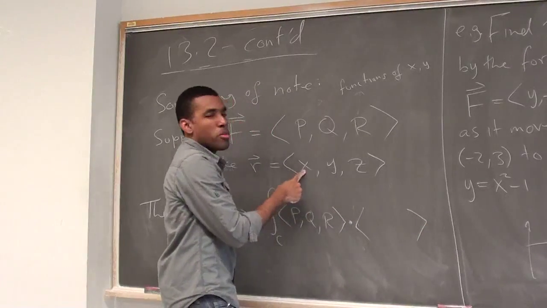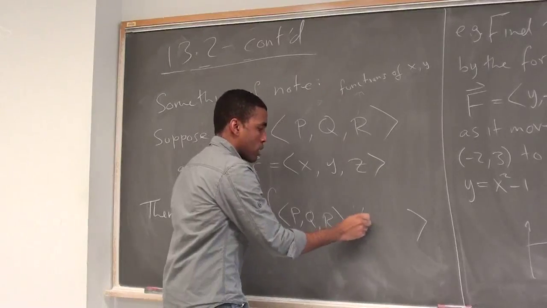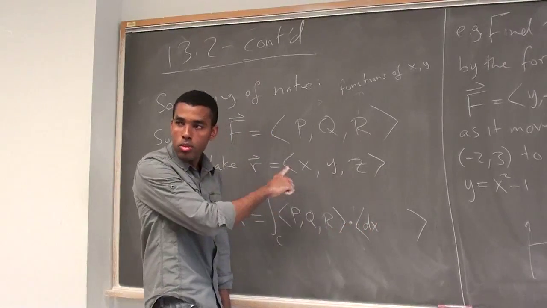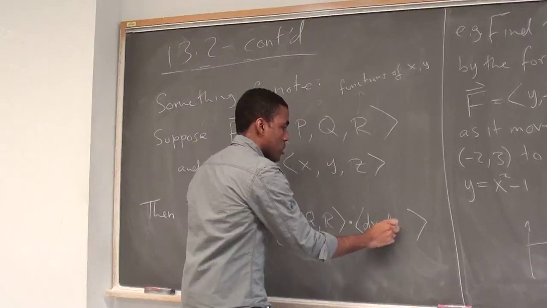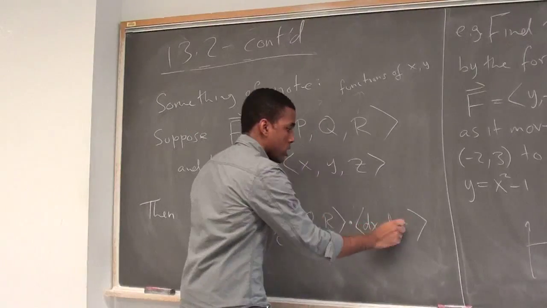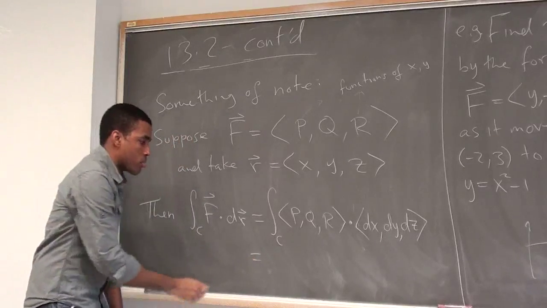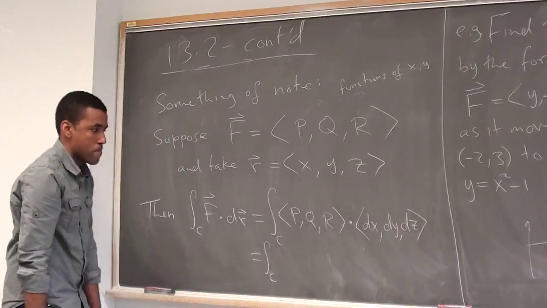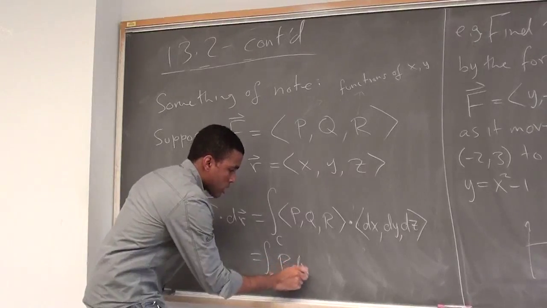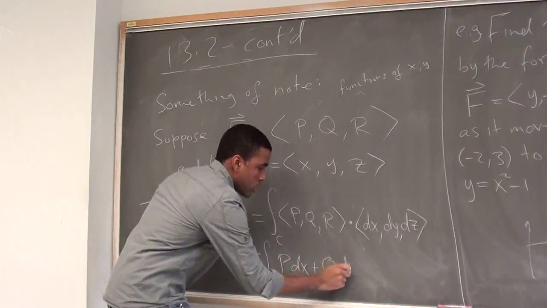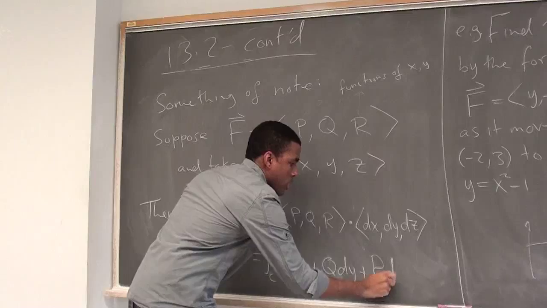Derivative of x. Remember this is a function, so I'm not going to write 1, I'm just going to write dx to be the derivative of whatever the x component is. I can write this to be dy, the derivative of the y component, and this to be dz, the derivative of the z component. If I take the dot product, what would that look like? P dx plus Q dy plus R dz.